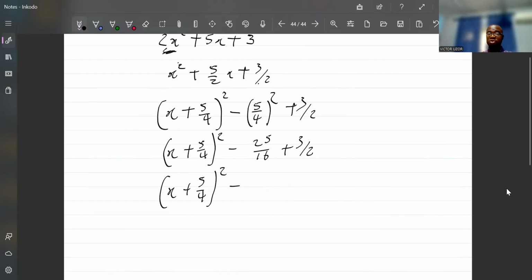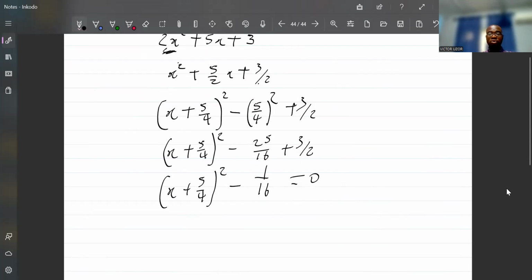Everything here, if you simplify, will give you negative 1 over 16. You can apply it to your calculator or you find the LCM and you get the answer. Now I've put it also in vertex form. Try to watch the other video I did on the vertex form to understand the steps well, so that it will help you better.